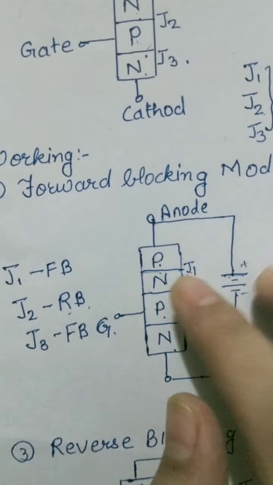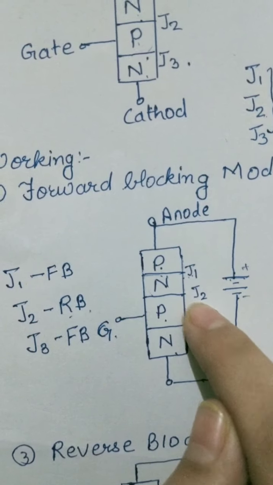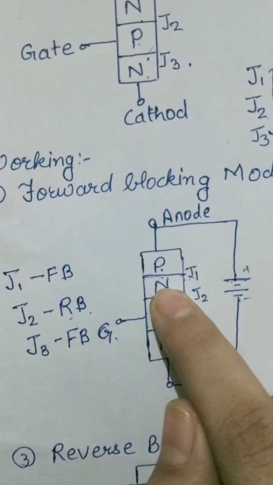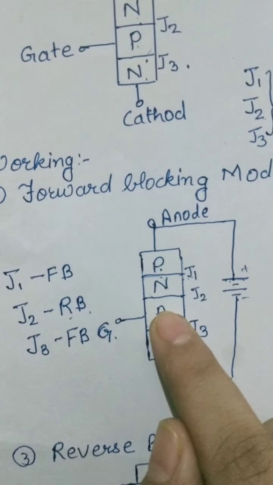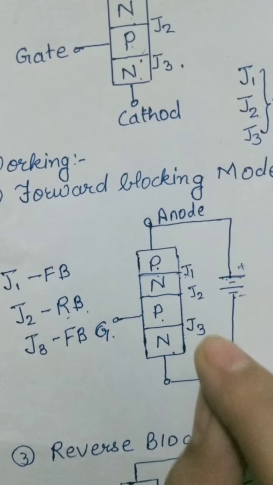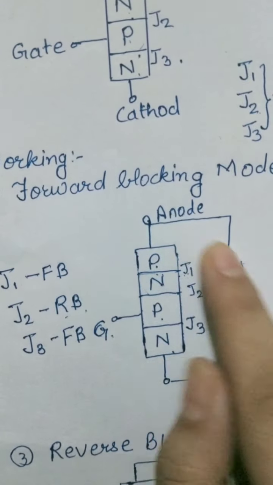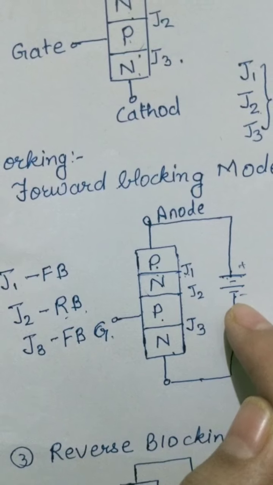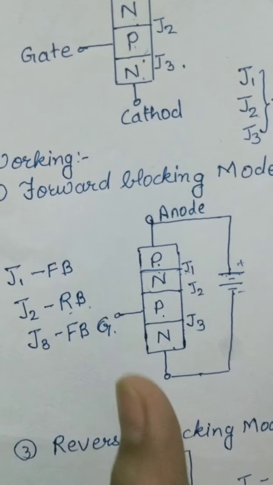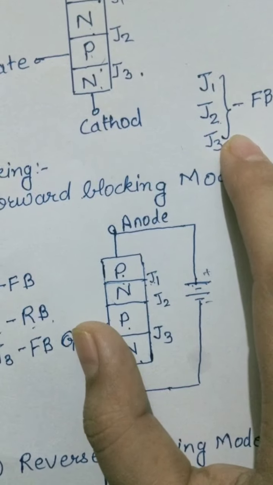In the similar manner, the junction J1 is in forward bias, and J2 is in reverse bias. Why? Because the N region is connected to the positive terminal, while the P region is connected to the negative terminal. That's why it is in reverse bias, while J3 is in forward bias, because P is connected to the positive and N to the negative. So it doesn't fulfill the condition.